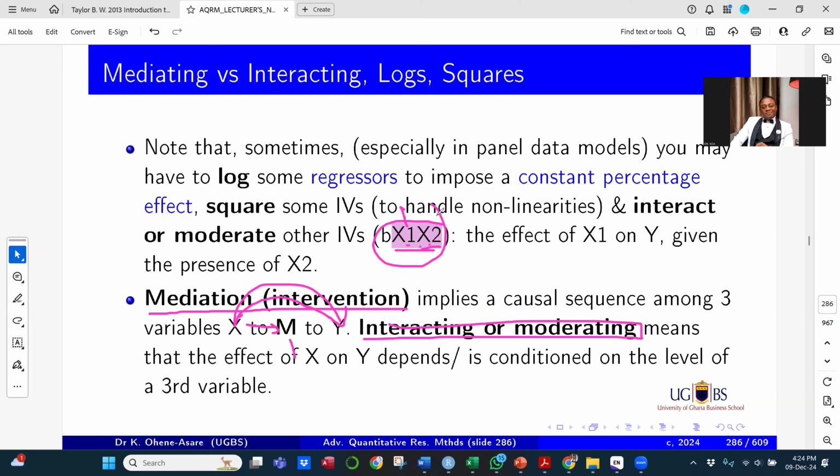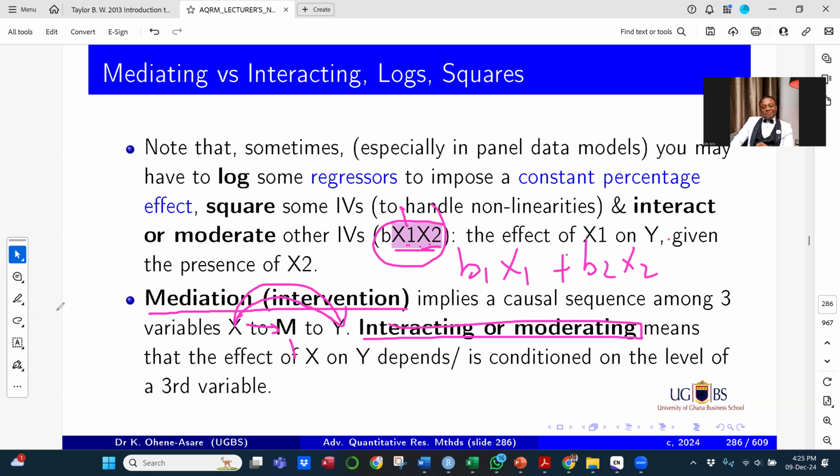Then you bring the other one, but they are not multiplying, they are adding. So you will have B1, X1, and then B2, X2. So in the presence of X2, how is X1 affecting the Y? And that is the mediation.